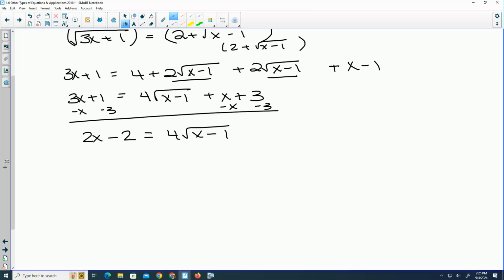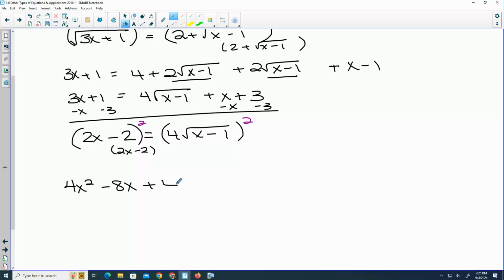Now what? We have to square each side. On the left, there's 2 terms. We have to FOIL, so we get 4x squared minus 4x and minus 4x is minus 8x.